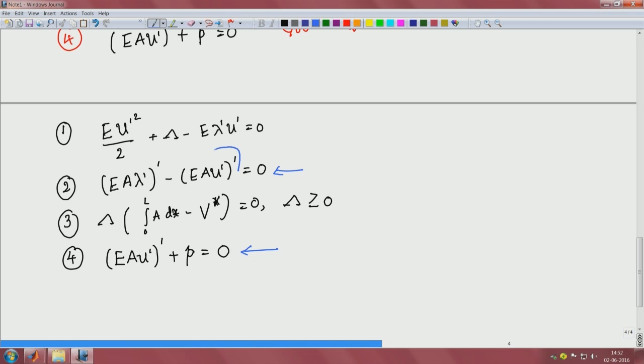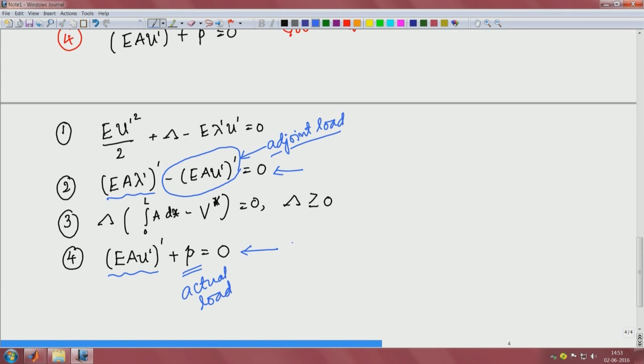This part is called adjoint load, because if you look at this term and this term, they are the same except that u is replaced with lambda. For this one, this is the actual load, the given load on the structure, whereas this is called adjoint load.